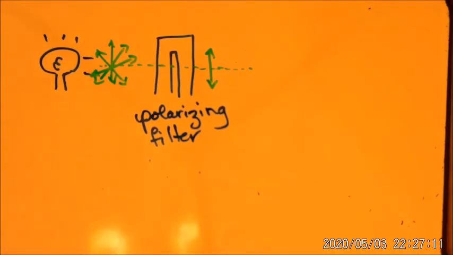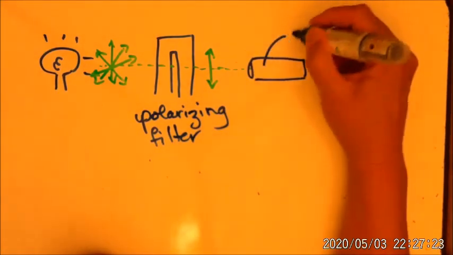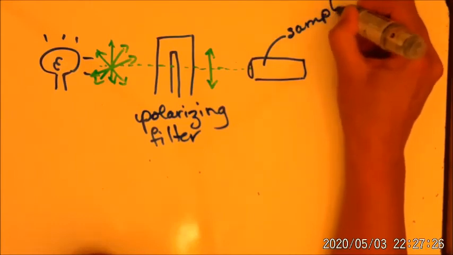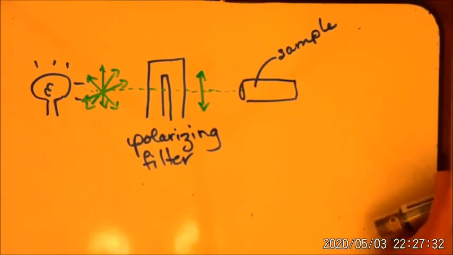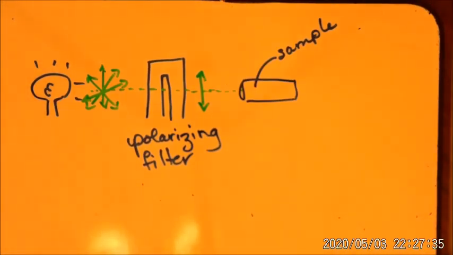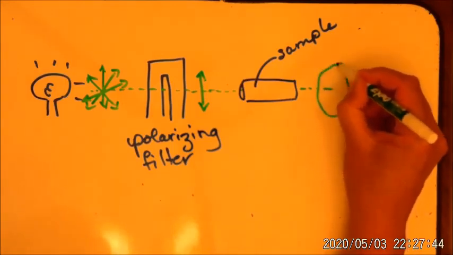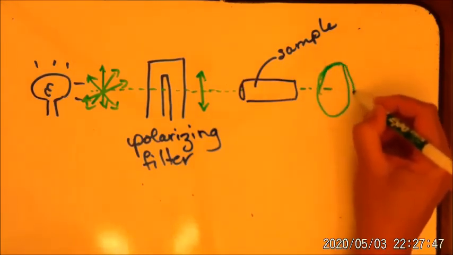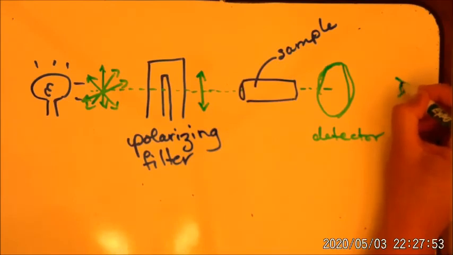Okay, so as it goes through, it goes through a solution that contains your sample. When it does that, finally it goes through a detector. Oops, I can't draw a circle here. This is my detector, and here's your eye.